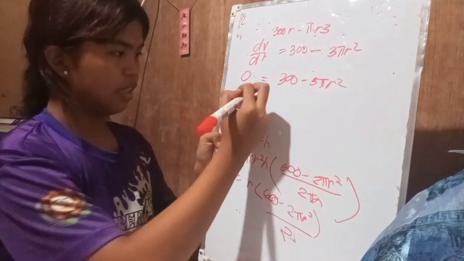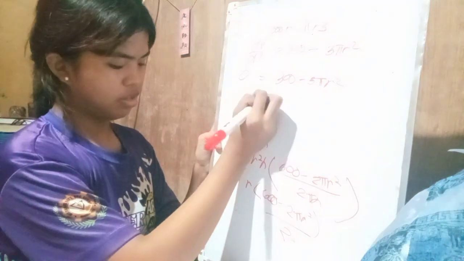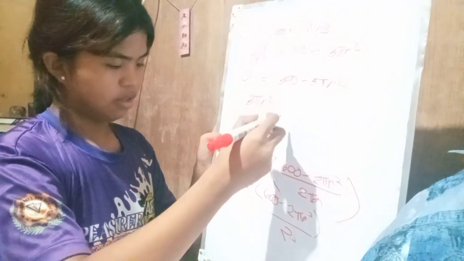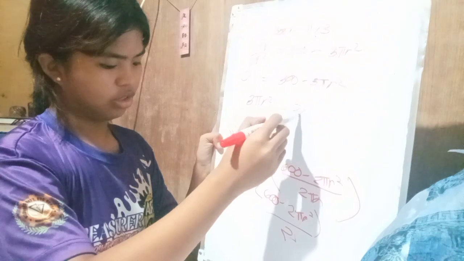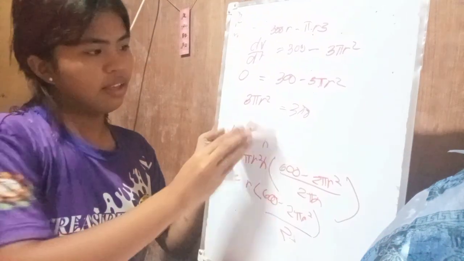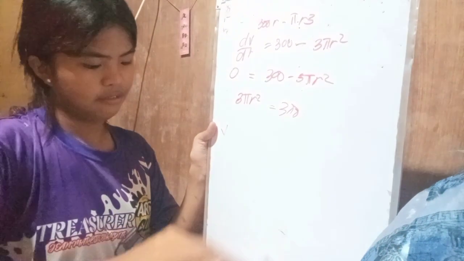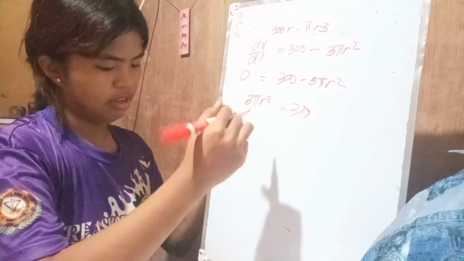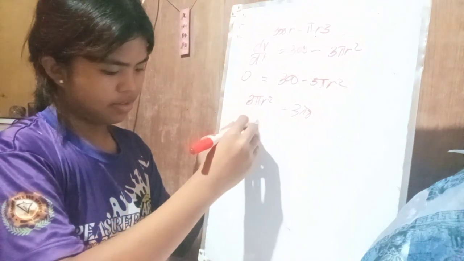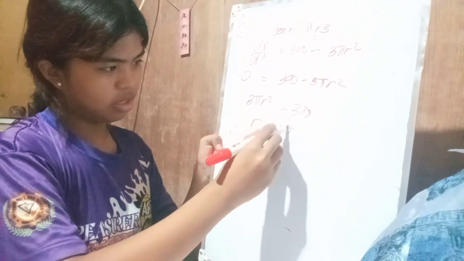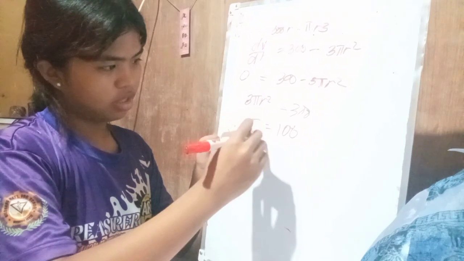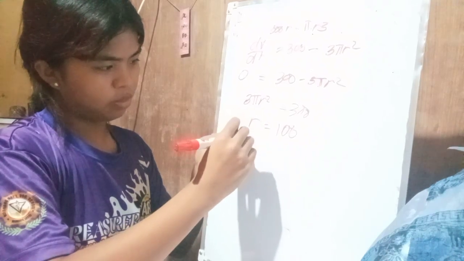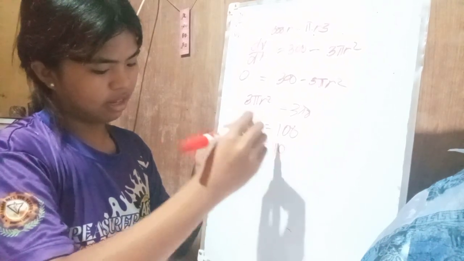Next, 3 pi r squared equals 300. Then after that, we get r squared is 100, then the square root is 10.